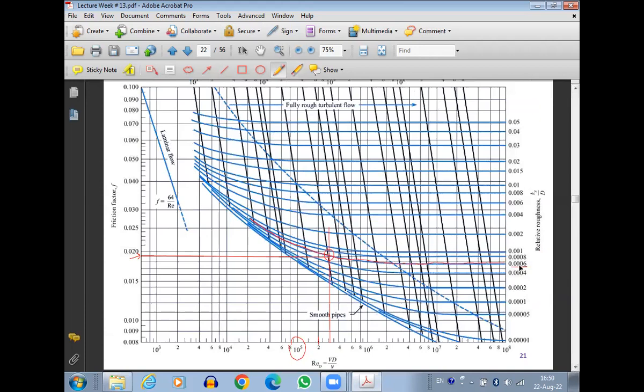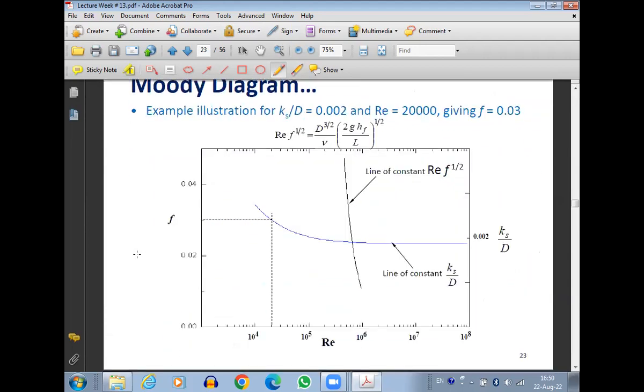First we find out what is the Ks by D, we find out what is the Reynolds number, intercept the two lines, and at the point of interception, go horizontally and find out what is the friction factor. Now we have the friction factor.